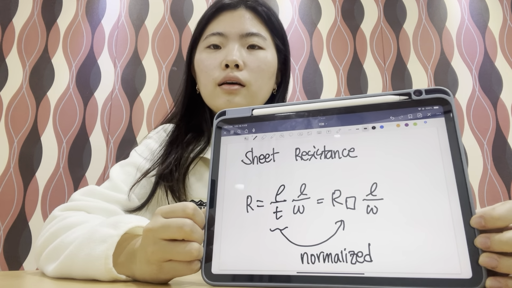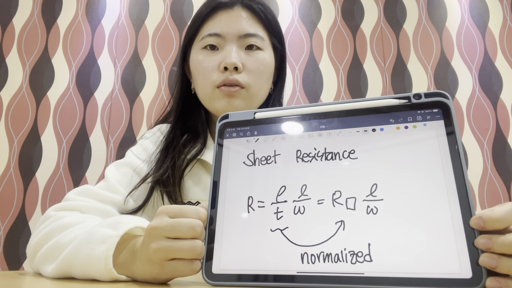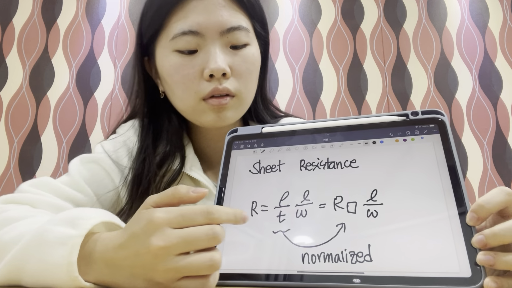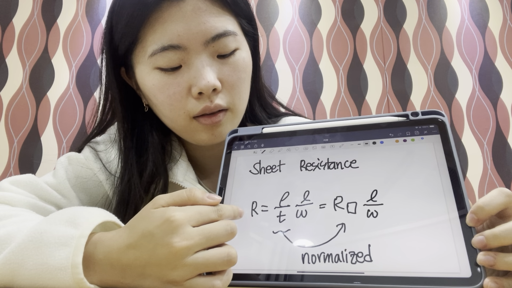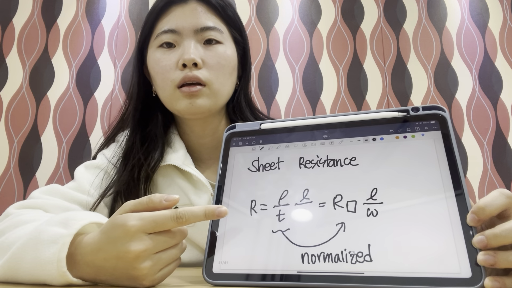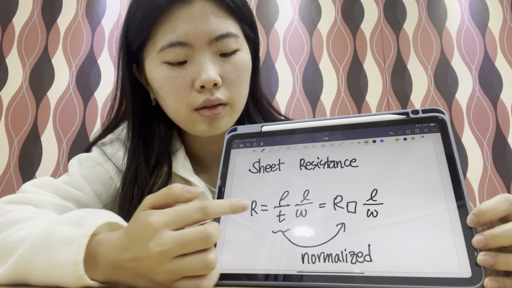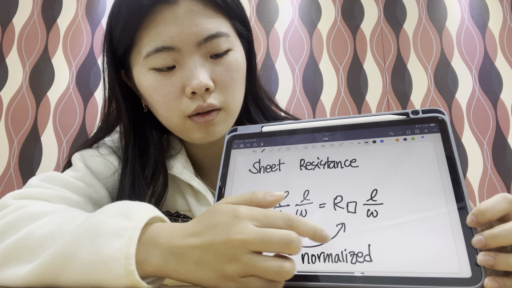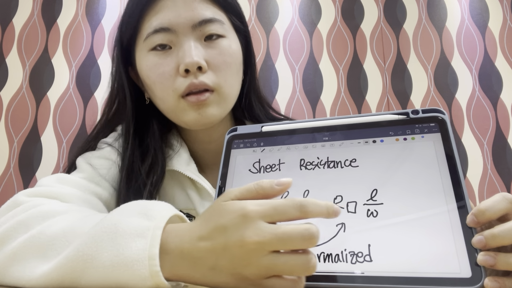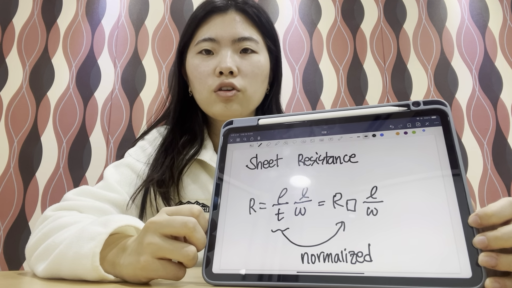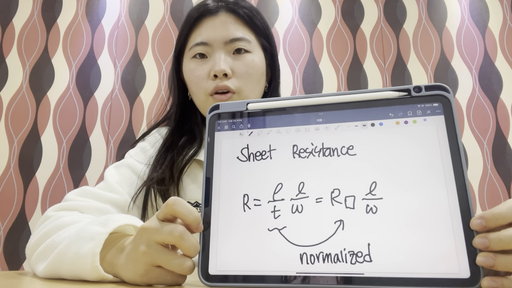So lastly, let's talk about the sheet resistance. Sheet resistance means we can get a resistance from this equation, and then this part, when we normalize it to this one, after the normalization we call it sheet resistance.